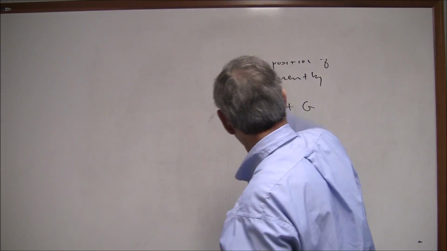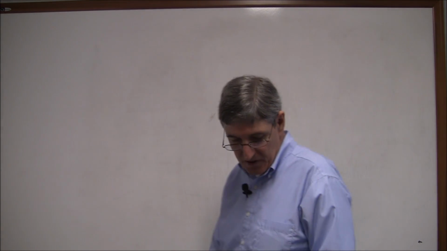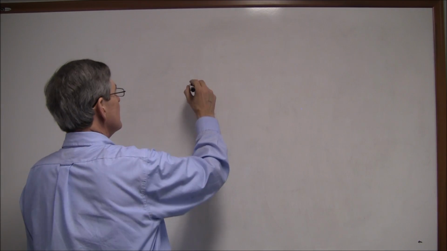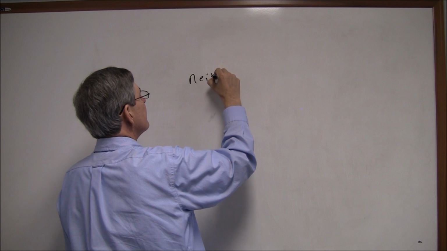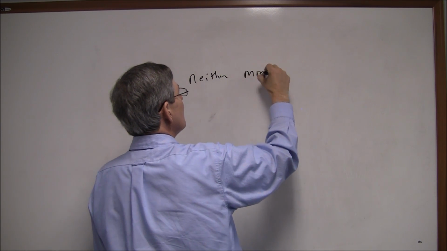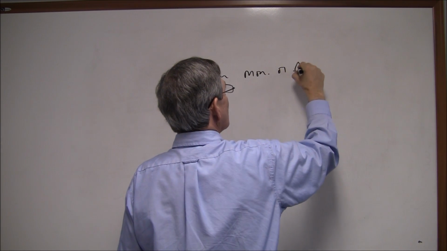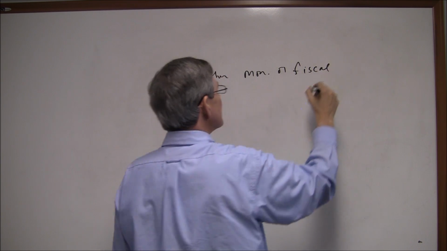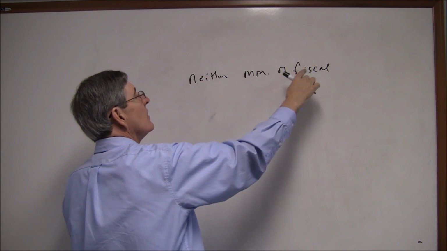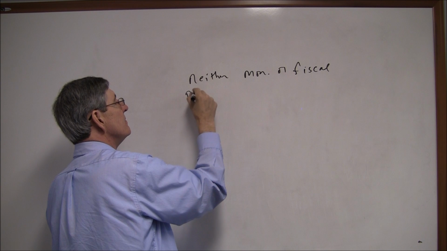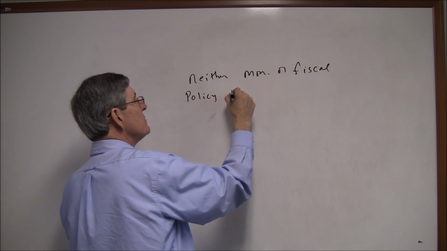The final advantage of a combination policy is that you may not be sure, so neither monetary or fiscal policy, it's a little sloppy, neither monetary or fiscal policy works perfectly.